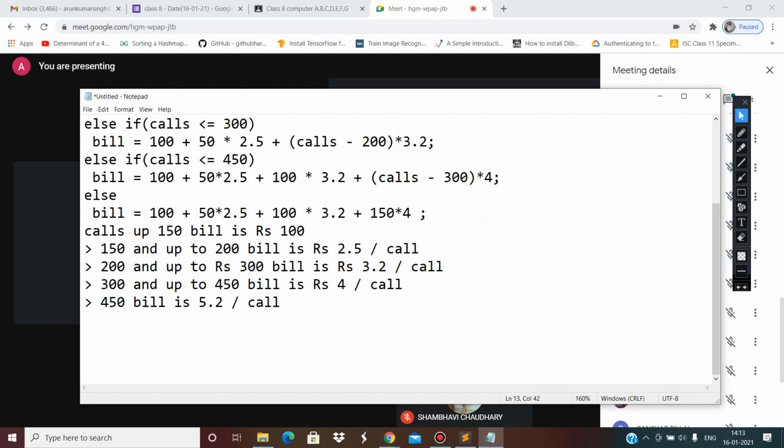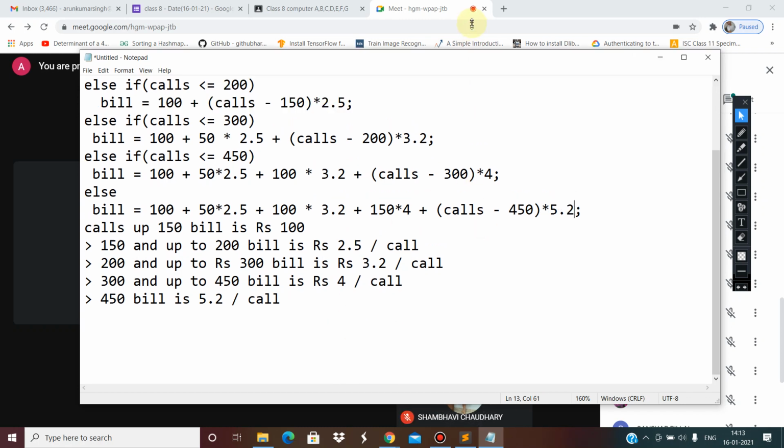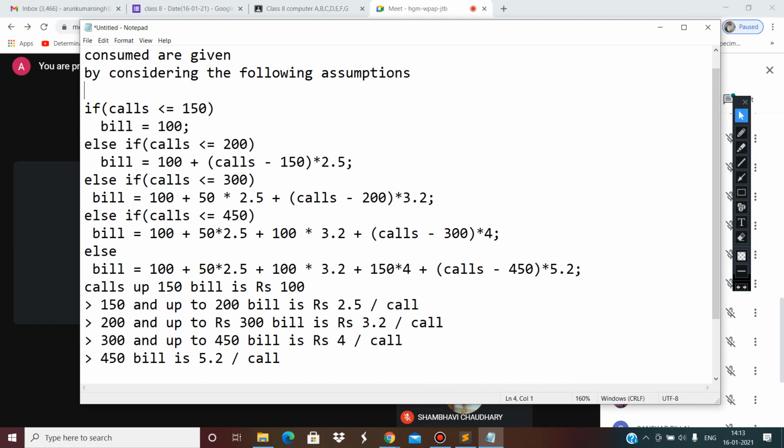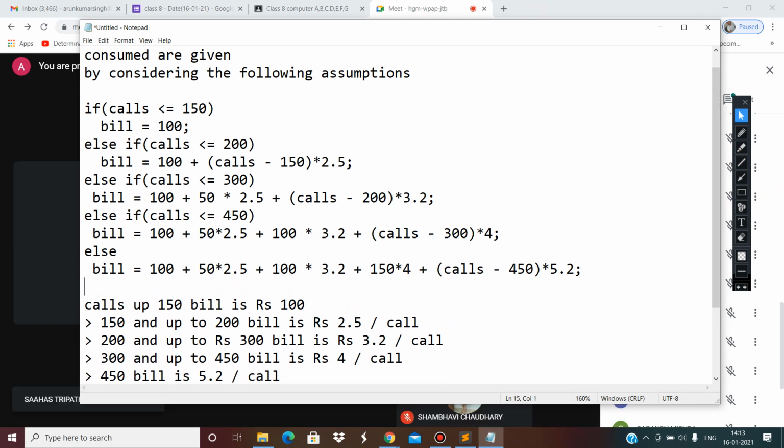And then here what to write? Calls minus 450. What is the rate? The rate is 5.2. So children, this is how you have to calculate the bill. The calls are given and you have to calculate like this. The solution is this one.